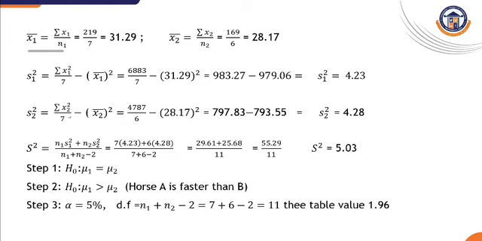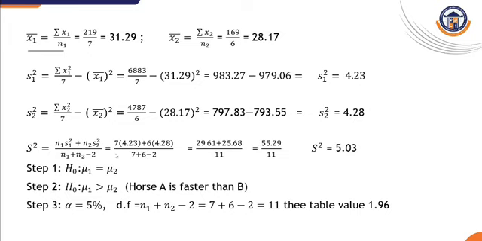In the same way we determine S2 squared: the sum of x2 squared divided by n2, which is 6, minus x2 bar squared, that is 4787 divided by 6 minus 28.17 squared. Simplifying this data, we got the S2 squared value as 4.28.